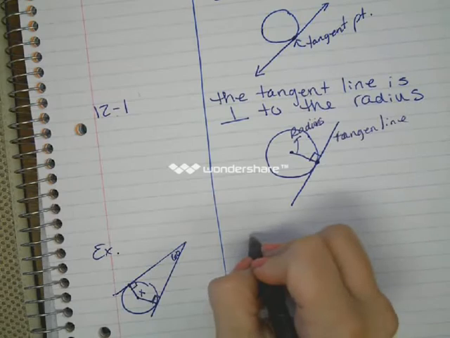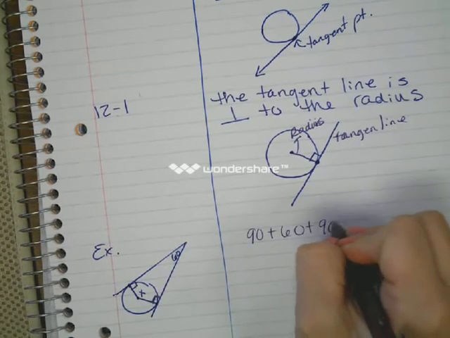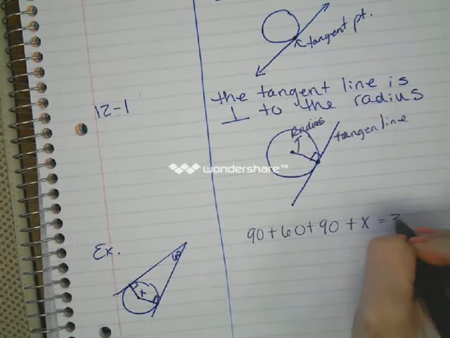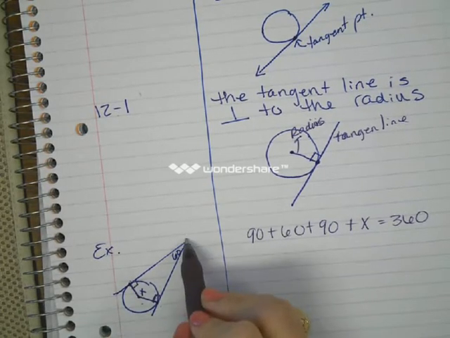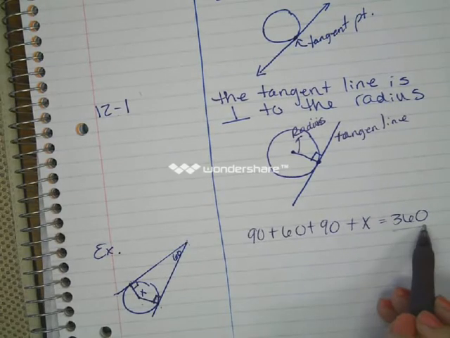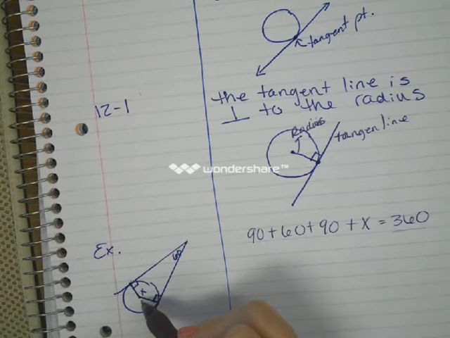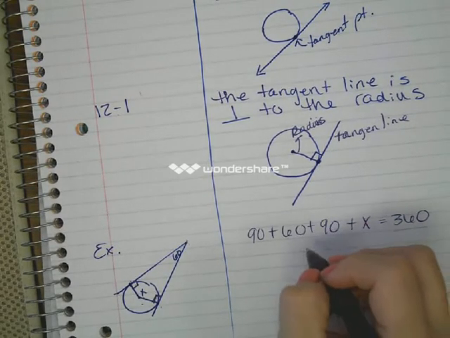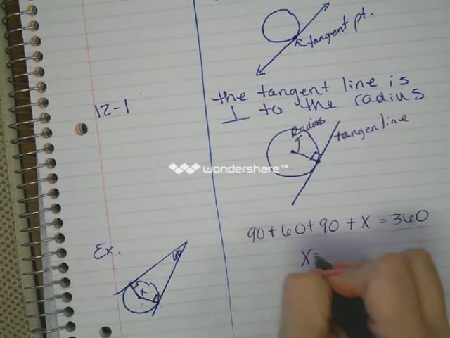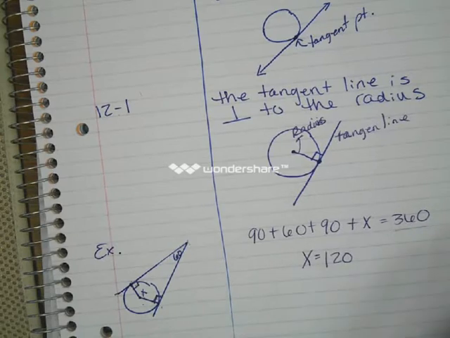So 90 plus 60 plus 90 plus x equals 360. These four lines make a quadrilateral, which means their angles add up to 360. That angle was given to us. These two are 90 degrees, and x is our fourth angle. So if we solve that, you get 120. So we would just subtract it all over.